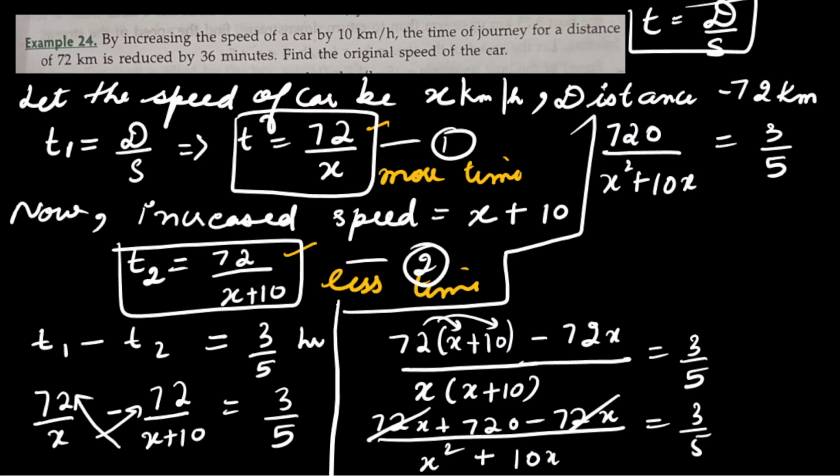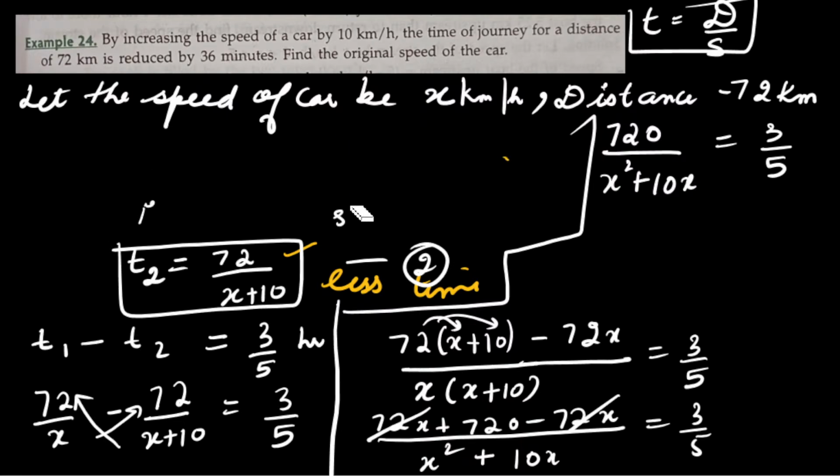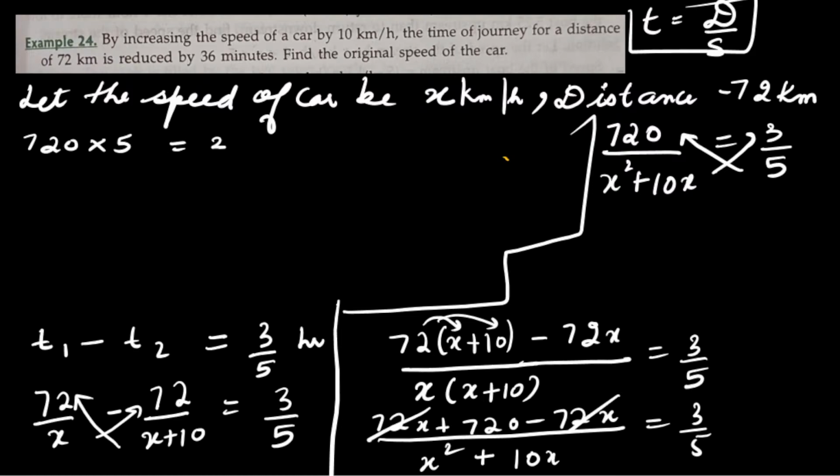Now on both sides only one fraction is there, so we can do cross multiplication. After doing cross multiplication, what will we get? This 5 will get multiplied here and this 3 will get multiplied with this term. So I'll get 720 into 5 is equal to 3 into x square plus 10x.